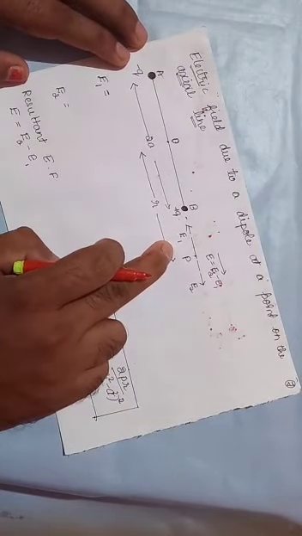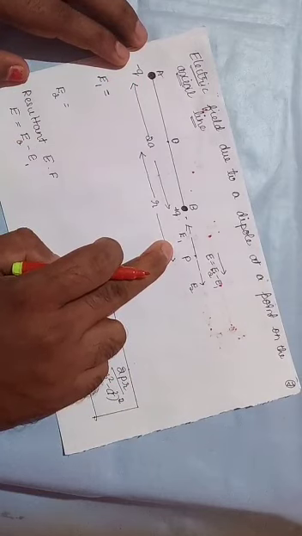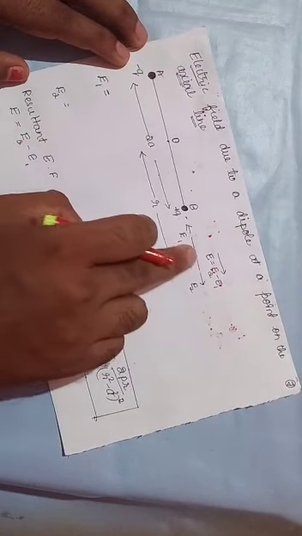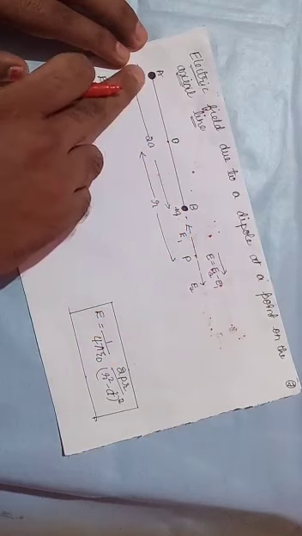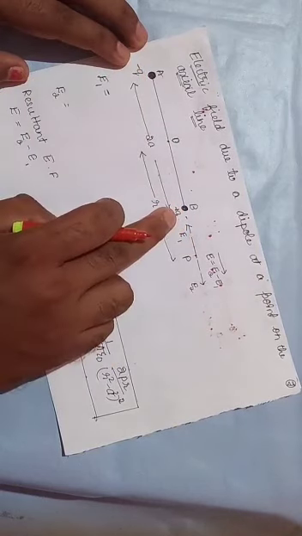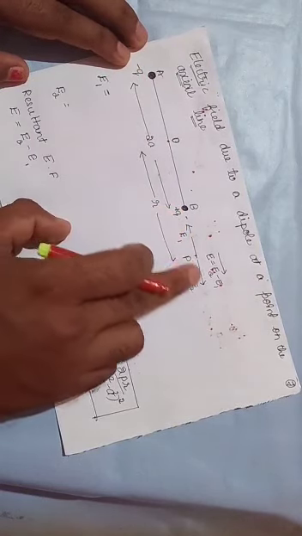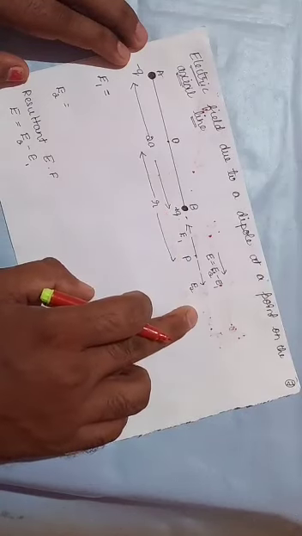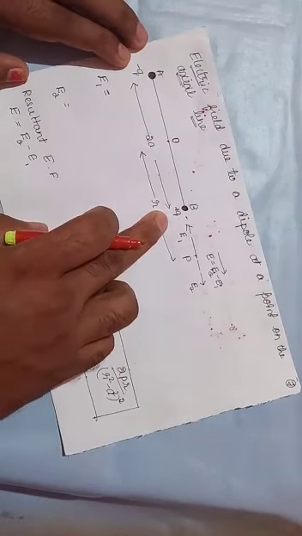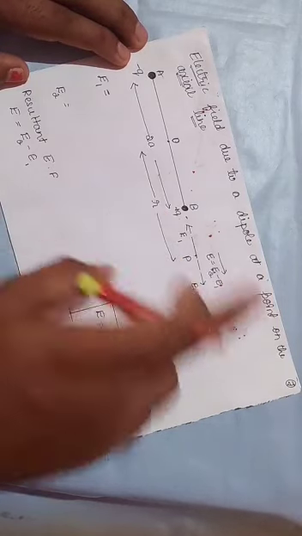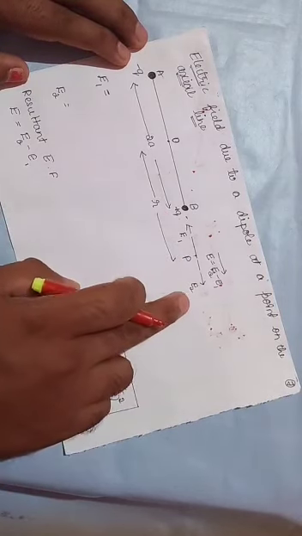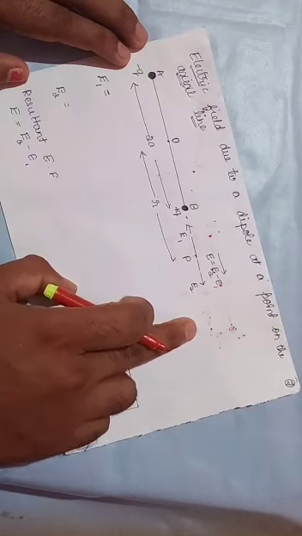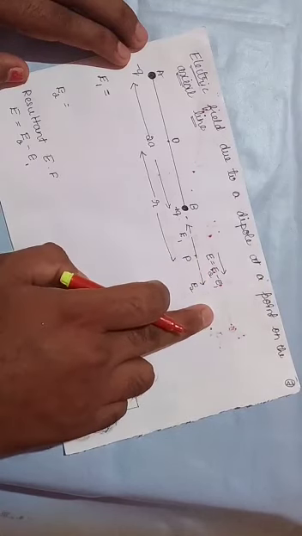Electric field lines for a negative charge start at infinity and end at the charge, therefore the arrow is converging at this point. And the electric field at P due to charge plus Q is going outward because it is a positive charge. Electric field lines start from a positive charge and end at a negative charge. The resultant is E equals E2 minus E1.